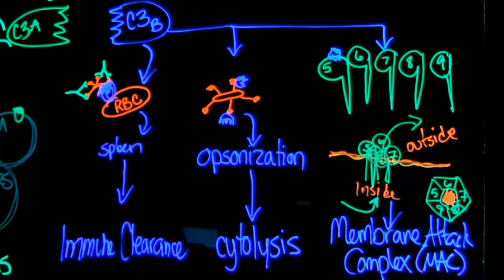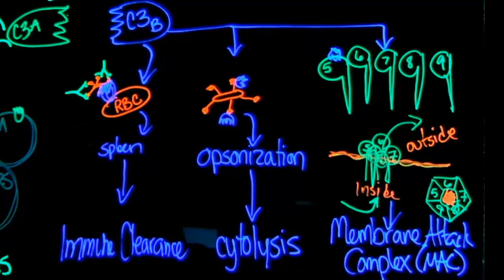Additionally, there are other complement proteins, complement 1 through 9. Complement C3b has the ability to bind to complement 5 and start a reaction cascade. When complement 5 is activated, it's going to penetrate the plasma membrane of the cell that needs to die.